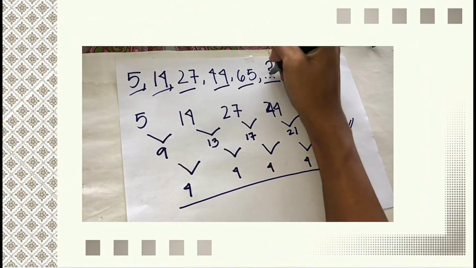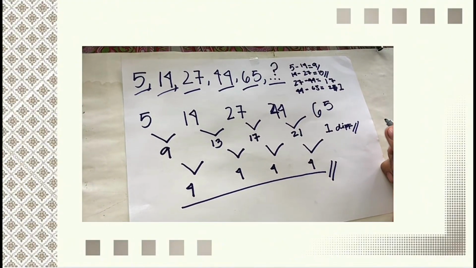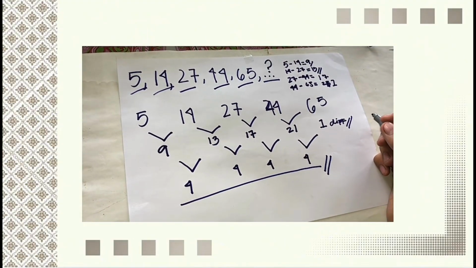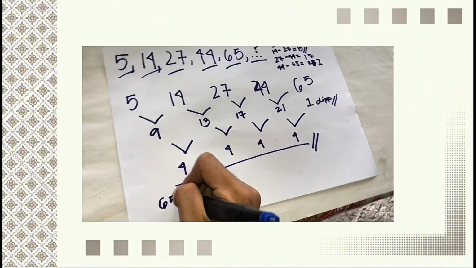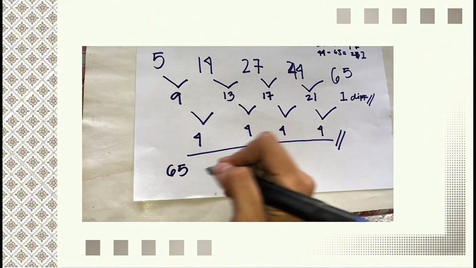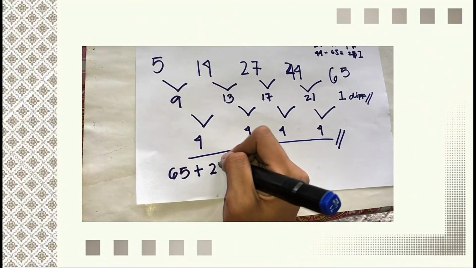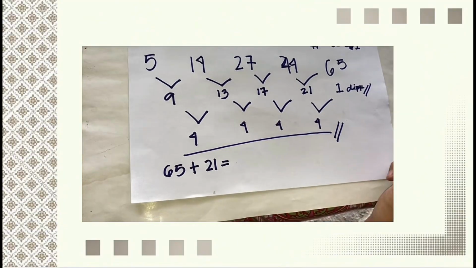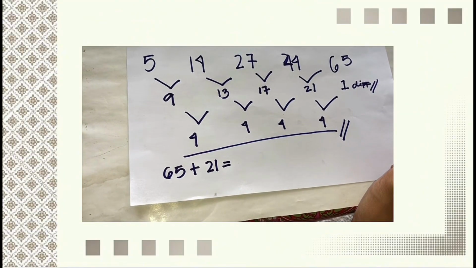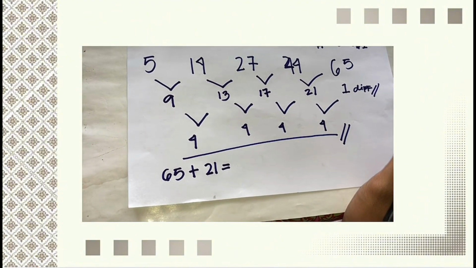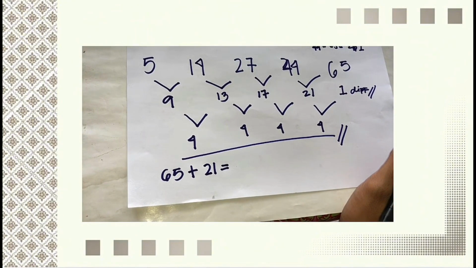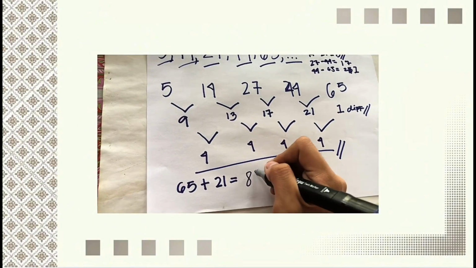So the next thing to do is find the nth term. To simplify, to know the nth term, we have to get the last term, which is 65, plus the common difference between 44 and 65, which is 21. So 65 plus 21 is equals to 86.